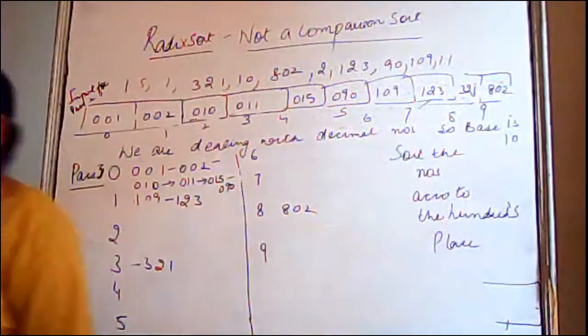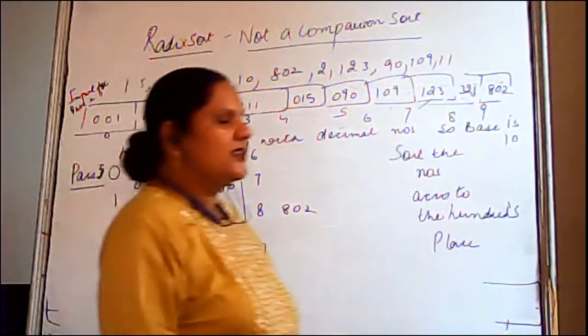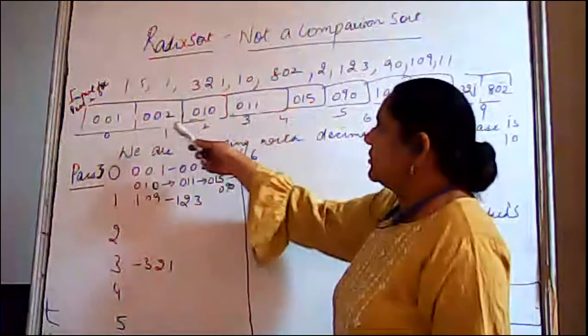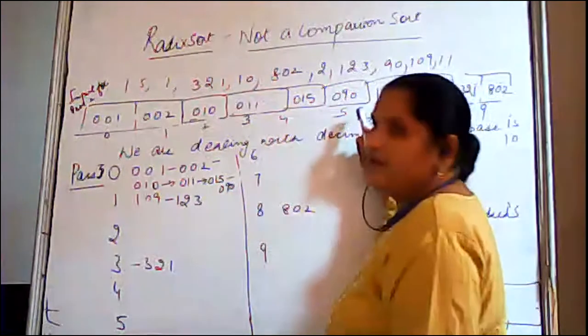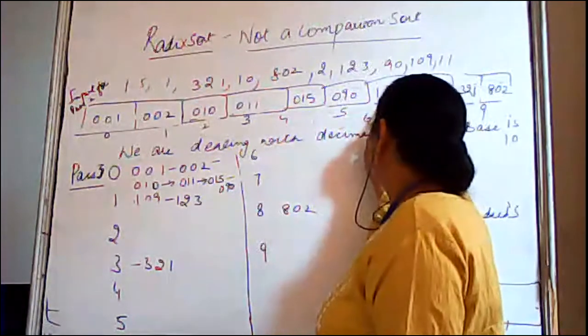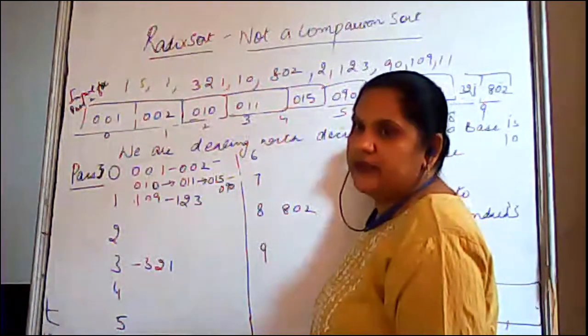Now you see the elements are in sorted order. The list is now completely sorted.